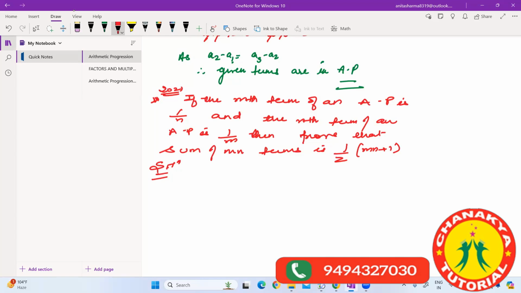Right, beta? Now the mth term will be A plus m minus 1 into D is equal to 1 upon n. Got it, my point?